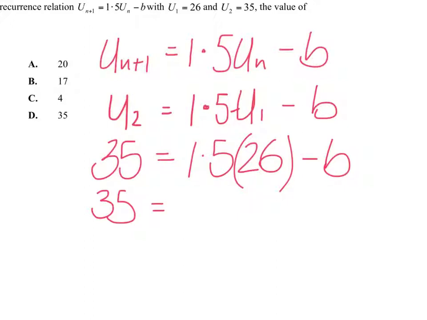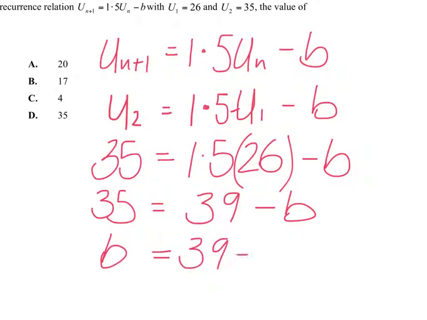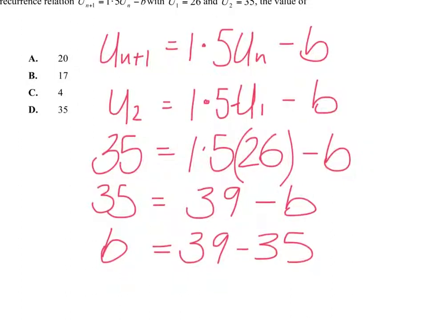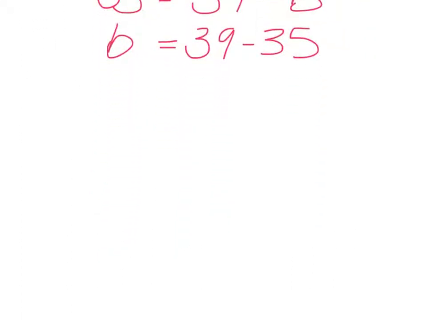Half of 26 is 13, and 26 and 13 is 39. So that's 39 minus B. If we move B onto the left-hand side and 35 onto the right-hand side, we get B equals 39 take away 35, which gives us B equals 4.